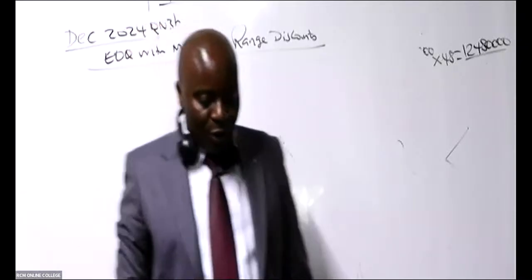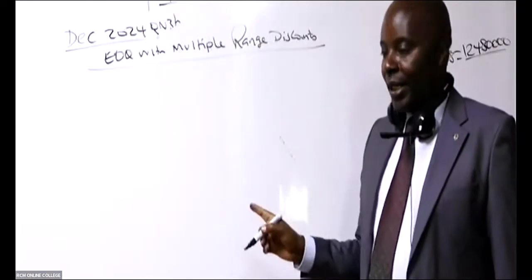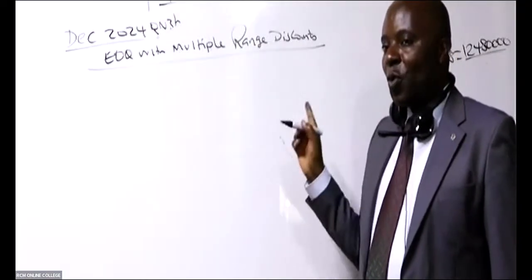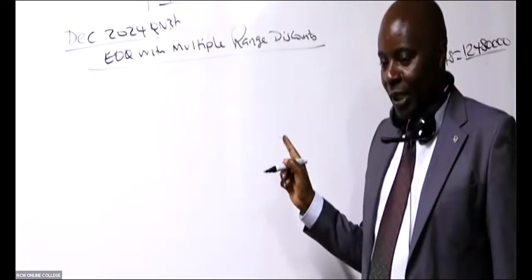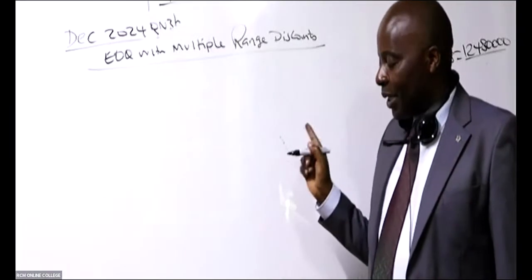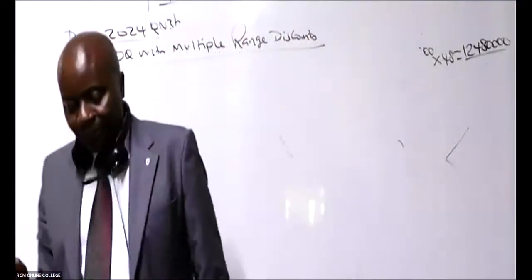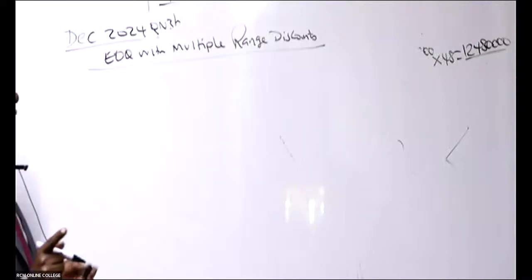EOQ stands for economic order quantity with multiple range discounts. They brought this in 2025, April, and it really disturbed our students. Those students who are not very serious. Otherwise, if you are serious, this is a very simple thing.